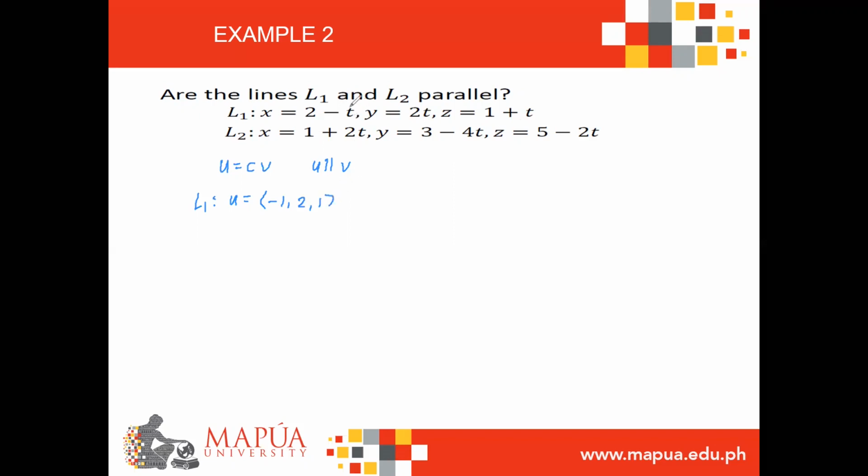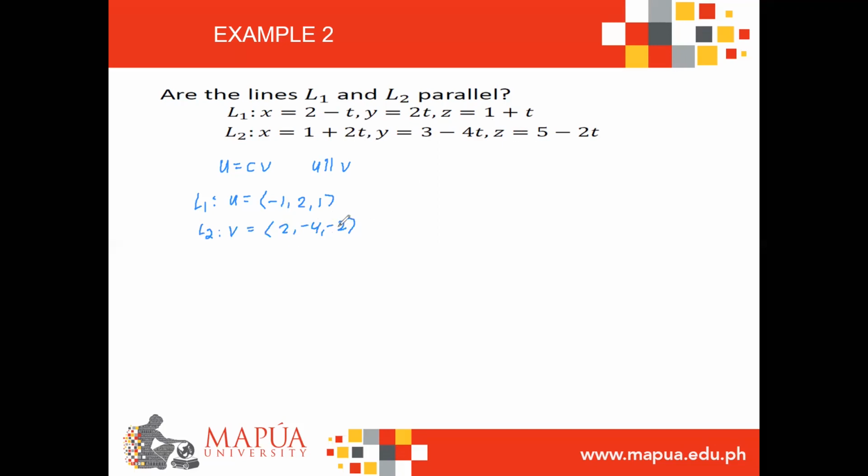That is based on the coefficients of the parameter t. Then for your line 2, let us denote this as vector v. So we have the components of your vector v as 2, negative 4, negative 2. It is again obtained from the coefficients of the parameter t.